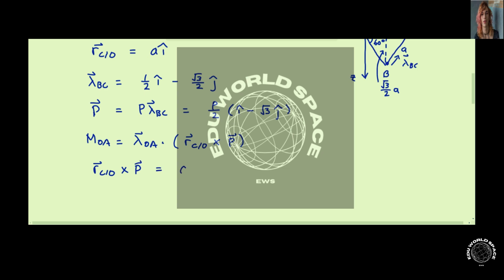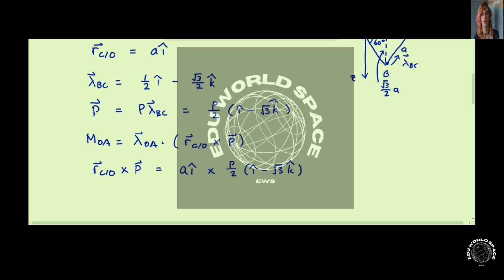So you have A I hat cross P over 2 times I hat minus square root 3. This is not J hat, this is K hat, sorry. It's along the Z direction, so it's K hat.